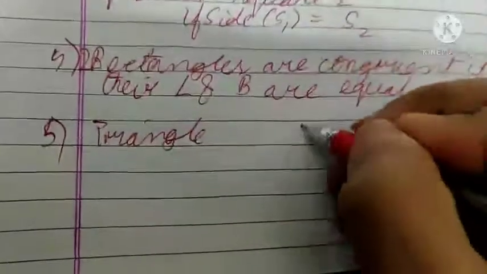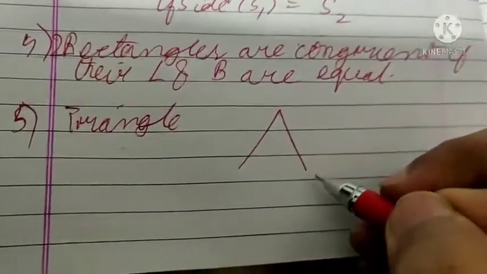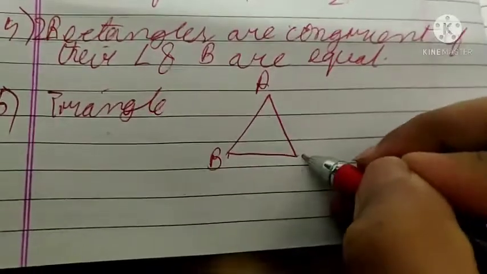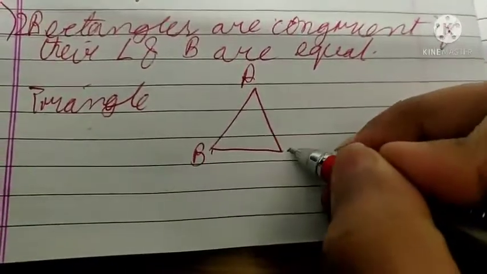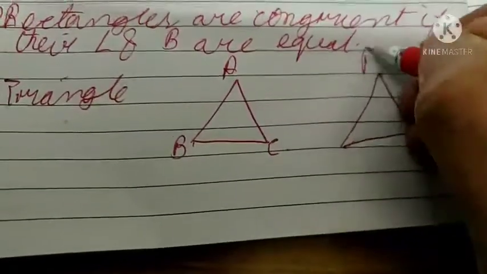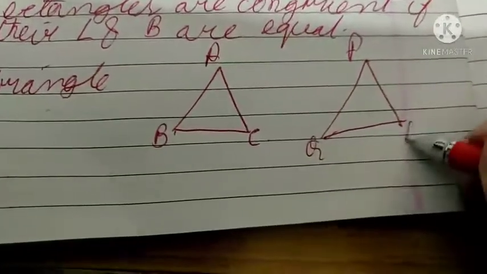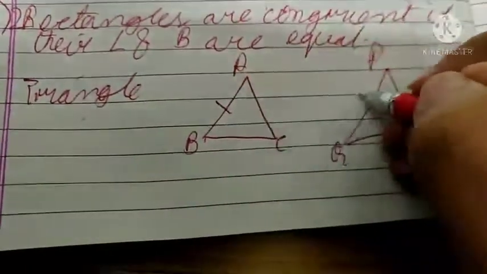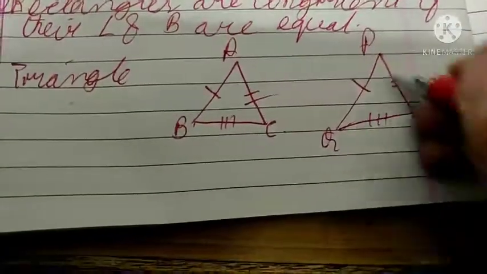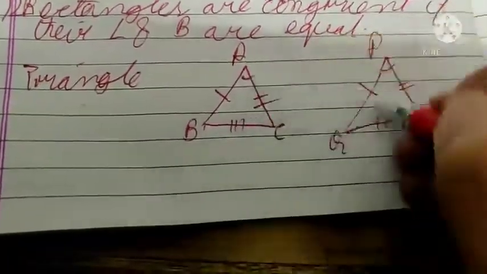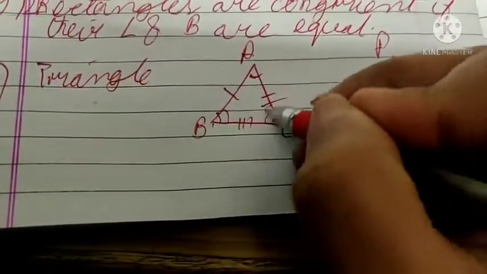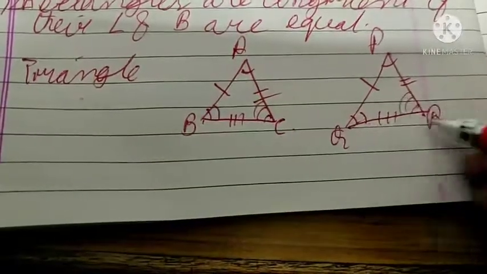Two triangles are congruent if all their sides are equal to the sides of the other triangle, PQR. If AB equals PQ, this equals this and this equals this. This angle is equal to this angle, and this angle is equal to this angle.